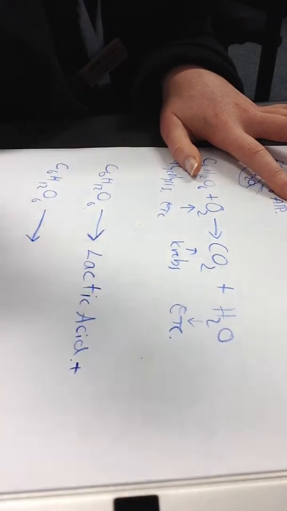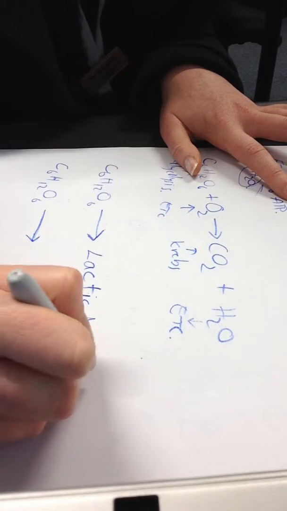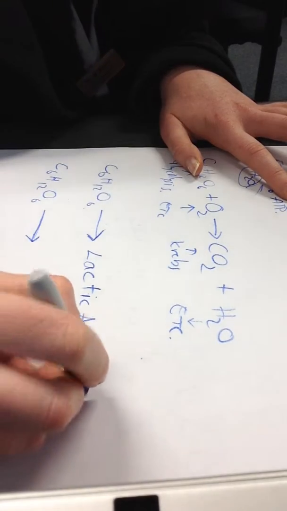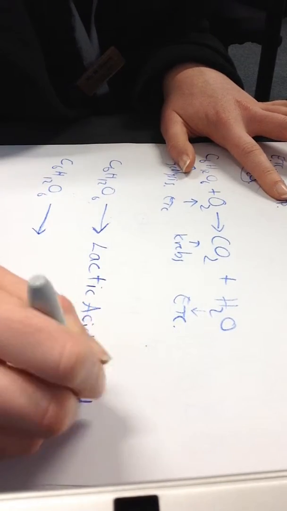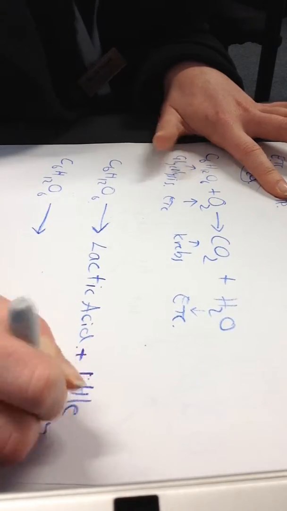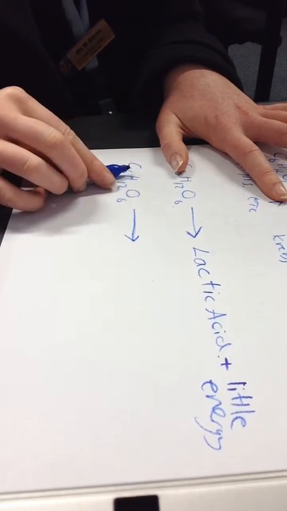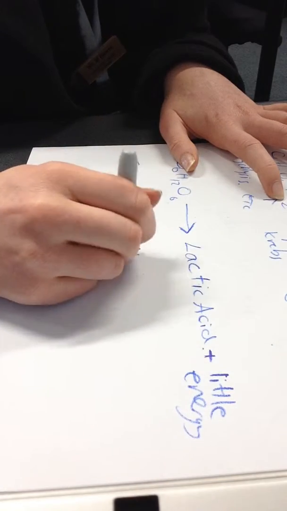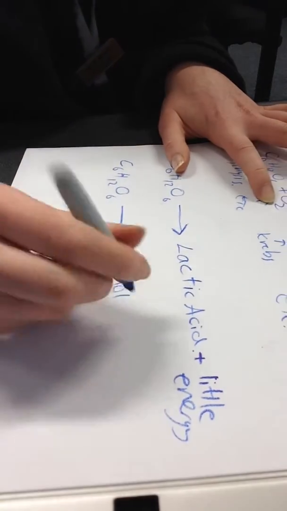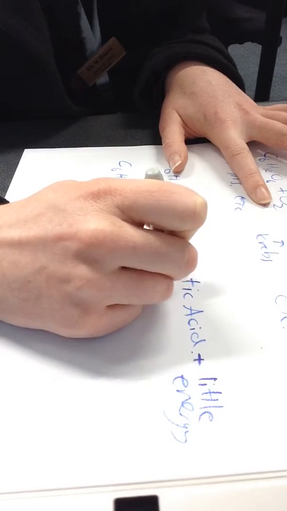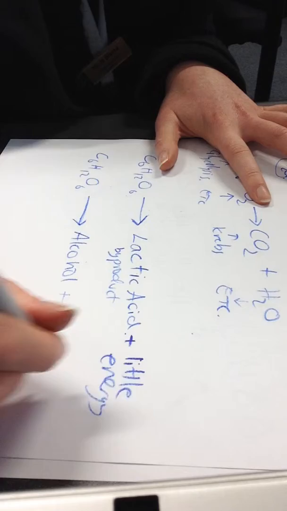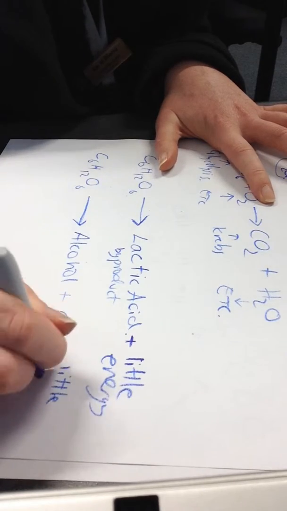So lactic acid is produced, plus a little bit of energy. Same with the other one: without oxygen, you get alcohol being produced instead, and that's a byproduct, same as the lactic acid. With the alcohol, you'll get carbon dioxide produced as well, and again a little amount of energy.